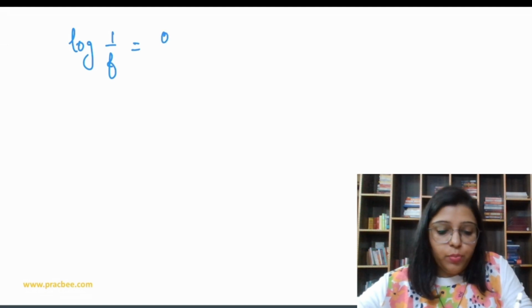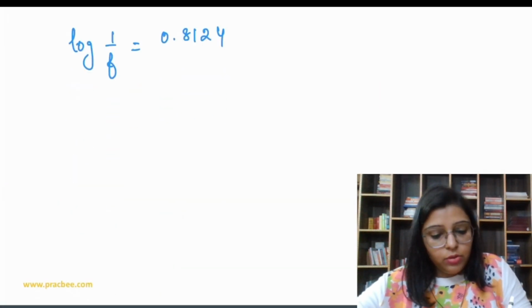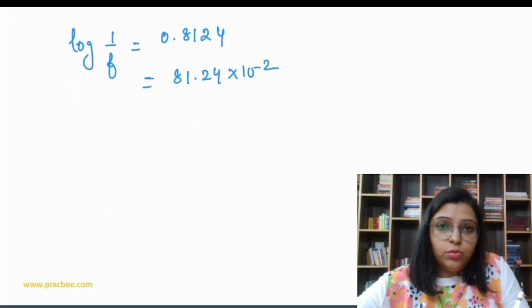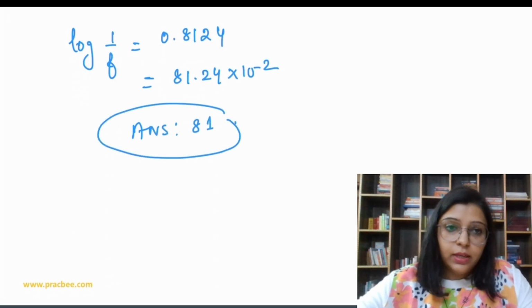Once you solve this, you get log 1 by F as 0.8124. But you have to report the answer in 10 to the power minus 2. So we can say 81.24 into 10 to the power minus 2. So the answer is going to be 81. Clear? So the answer is going to be 81.